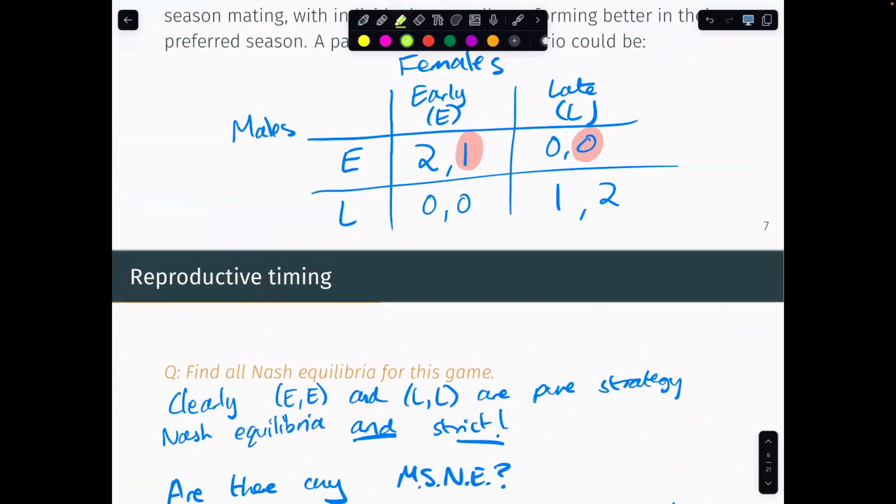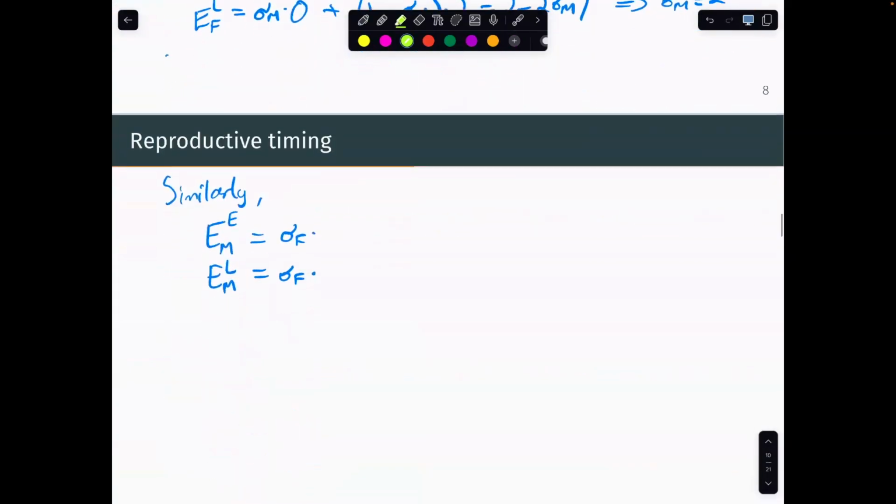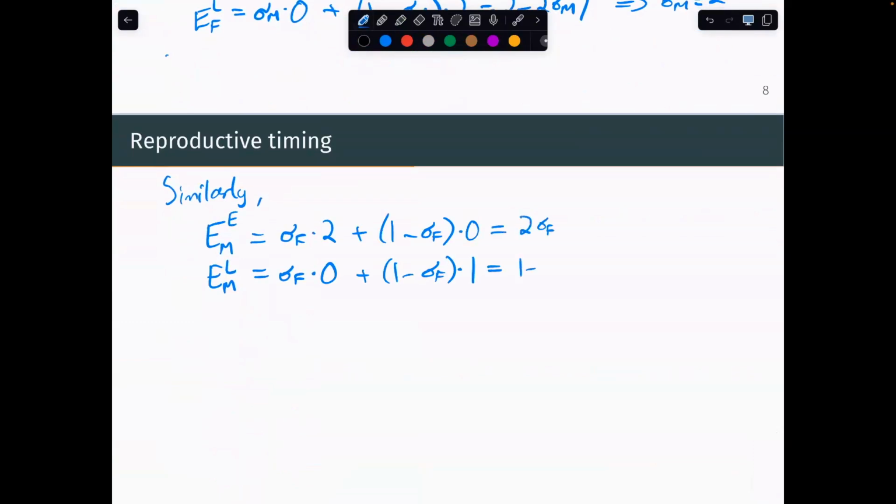So here we have a 2 and a 0, plus the probability that females mate late, which is 1 minus sigma F. If males mate early and females mate late, then males get a payoff of 0. If they both mate late, then males get a payoff of 1. This gives us 2 sigma F and 1 minus sigma F.